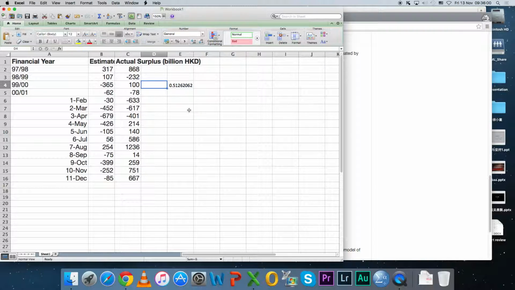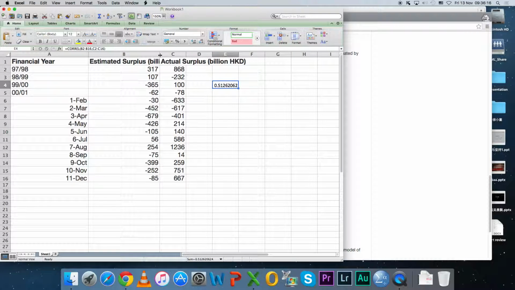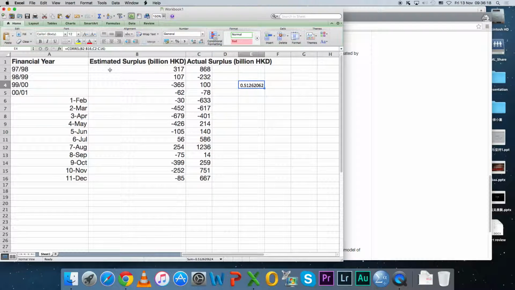But the correlation coefficient can only tell you the strength of the association between the estimated surplus and the actual surplus. It tells you absolutely nothing about how to predict the actual surplus with the estimated surplus.